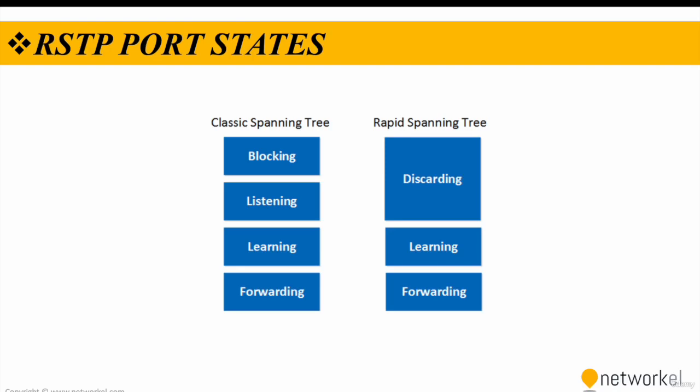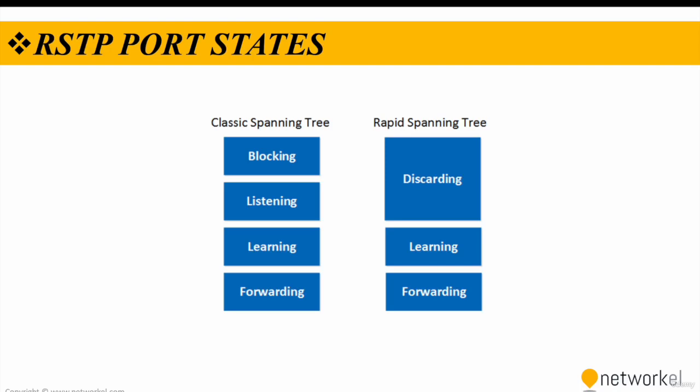We have the learning port state, that is the port does not forward traffic but learns MAC addresses from the incoming frames, and this state allows the port to build the MAC address table. Okay, so the learning state prepares the port to transition to the forwarding state by learning and updating the MAC address table.